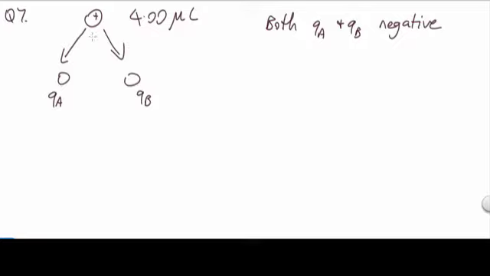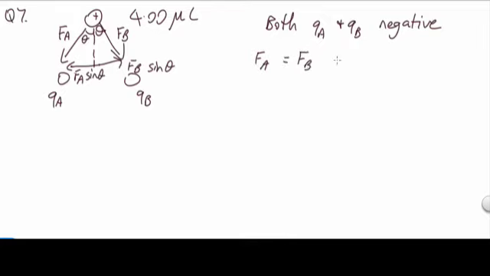The other thing we could say is if we're looking at the components here, let's just call this theta, that if this was FA and that was FB, this would be FA sine theta, that would be FB sine theta, and we know that they must be equal. So we end up with FA must equal FB, so the size of QA must equal the size of QB. Let's just call it Q then.